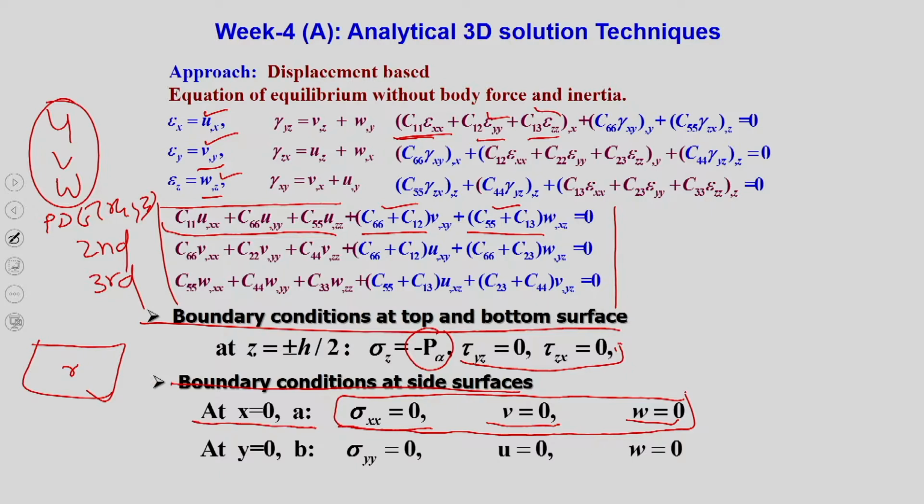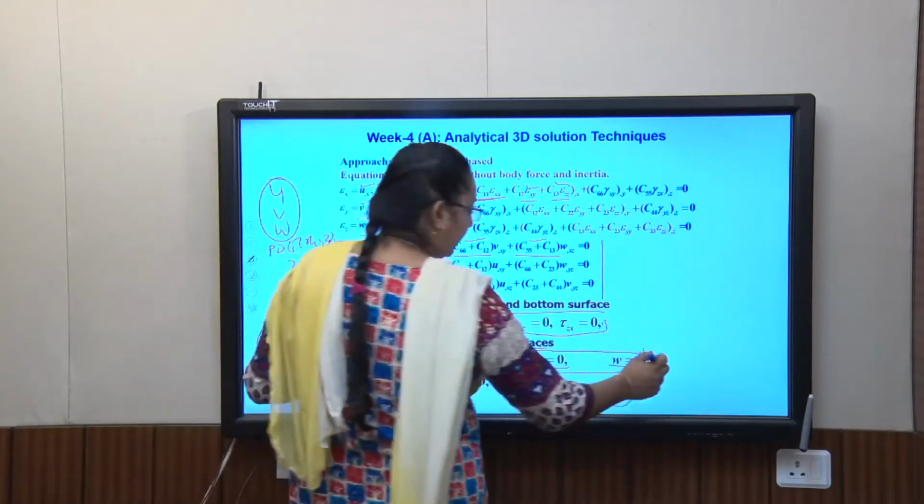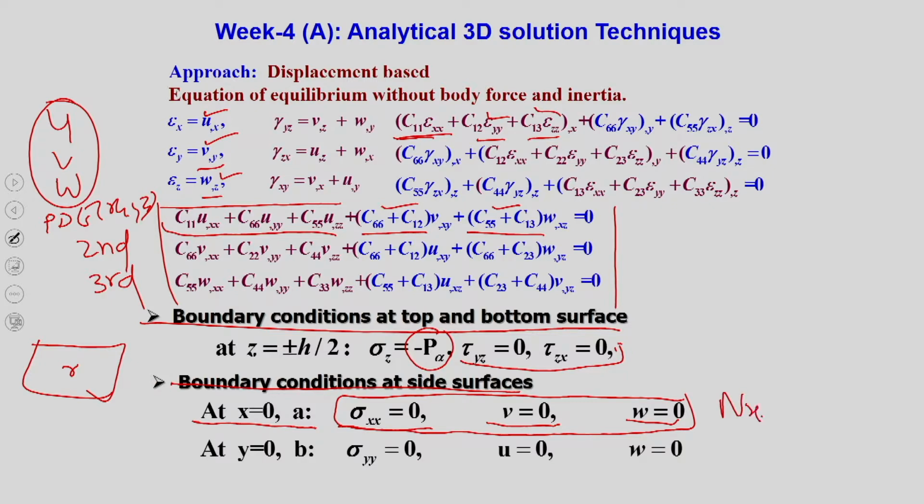If you remember, for the case of 2-dimensional theories, what was that? It was Nxx, then w, then Mxx. So, here for the case of 3-dimensional, we choose boundary conditions like this: sigma x, v and w, and along the y axis sigma y, u and w.